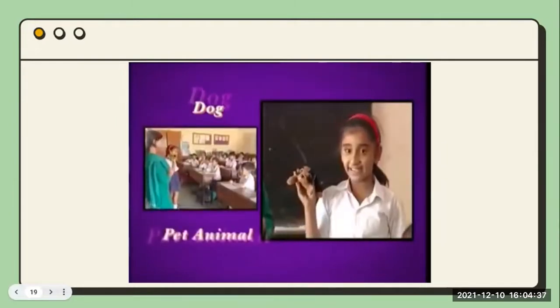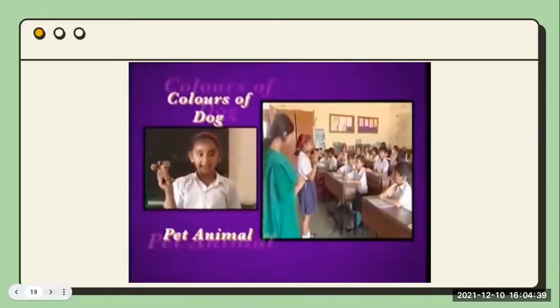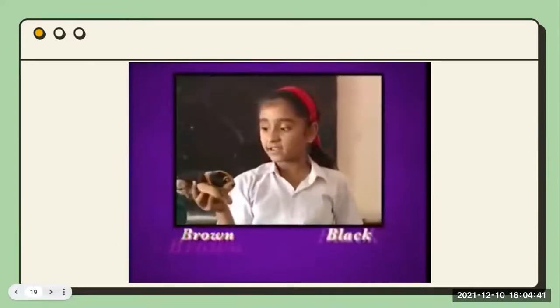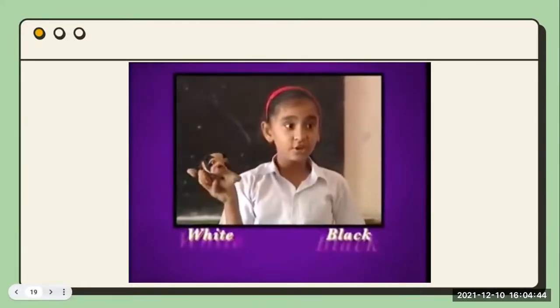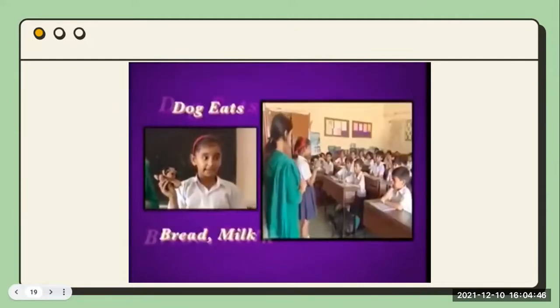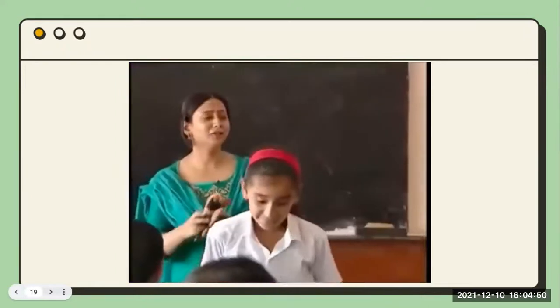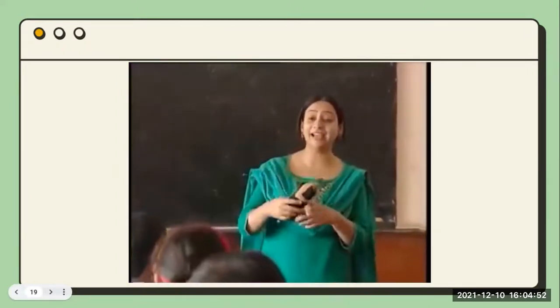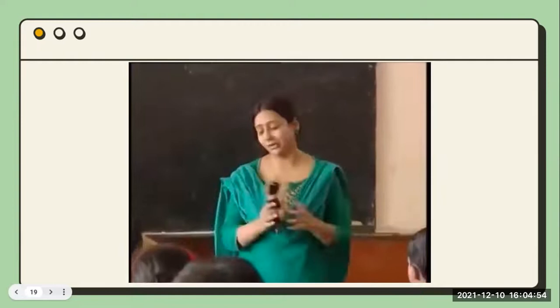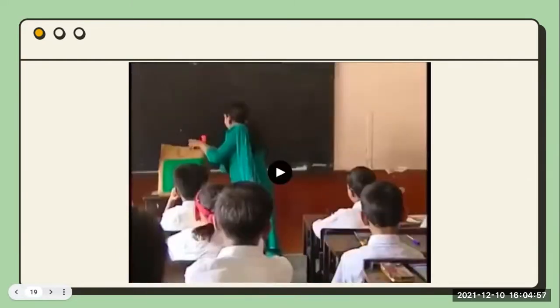The dog is a pet animal. Dog has many colors like brown, black, white, etc. Dog eats bread, milk, etc. Okay, very good, very good. So dog has many colors and dog eats bread and milk too. Very good. So now let's go to the analysis.